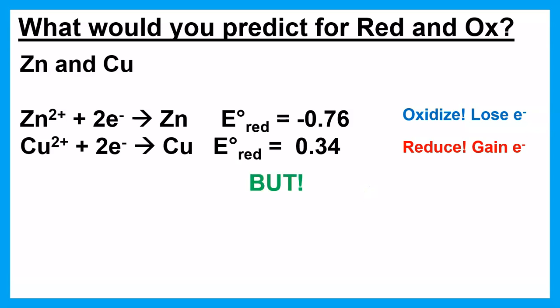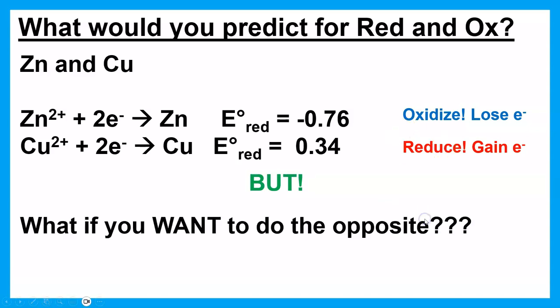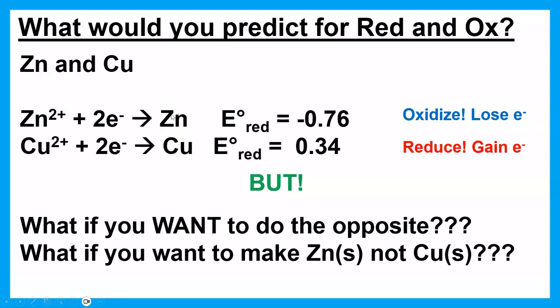But what if I don't want to go this direction? What if I want, instead of making neutral copper, I have some reason I want neutral zinc instead? I don't want zinc to be oxidized. I want to force the zinc to be reduced. That's where we have to make an adaptation to our cell.